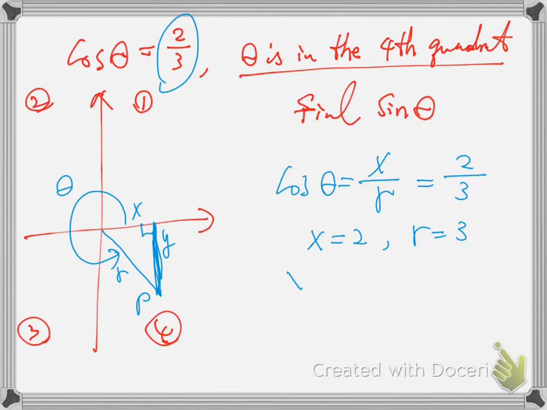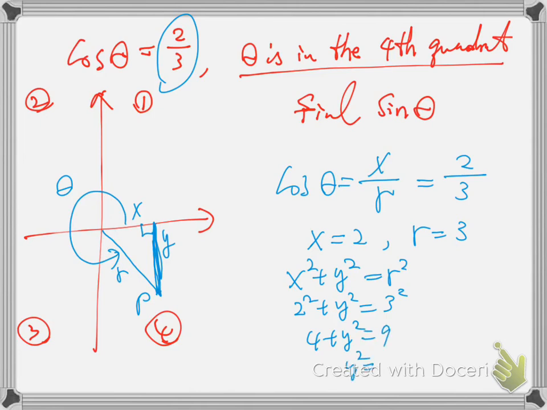We know the Pythagorean theorem: x squared plus y squared is r squared. So 2 squared plus y squared is 3 squared. 4 plus y squared is 9. y squared is 5. So take the square root: y is positive or negative square root of 5. So now the problem is positive square root of 5 or negative square root of 5.